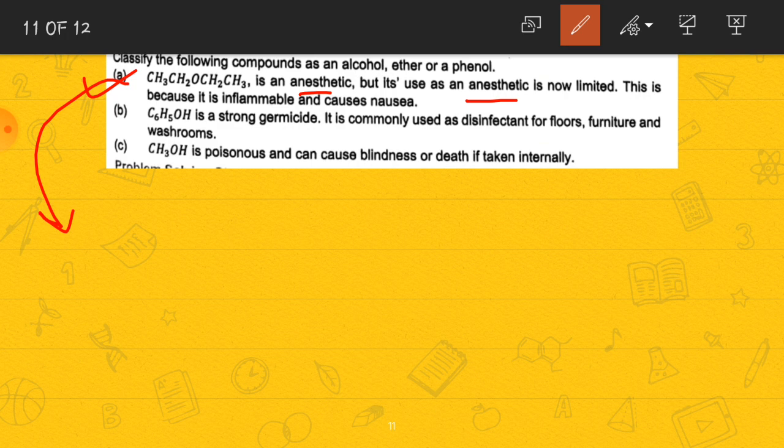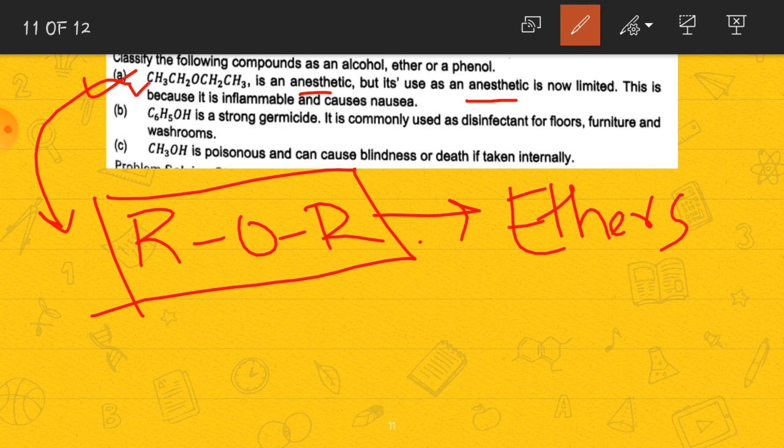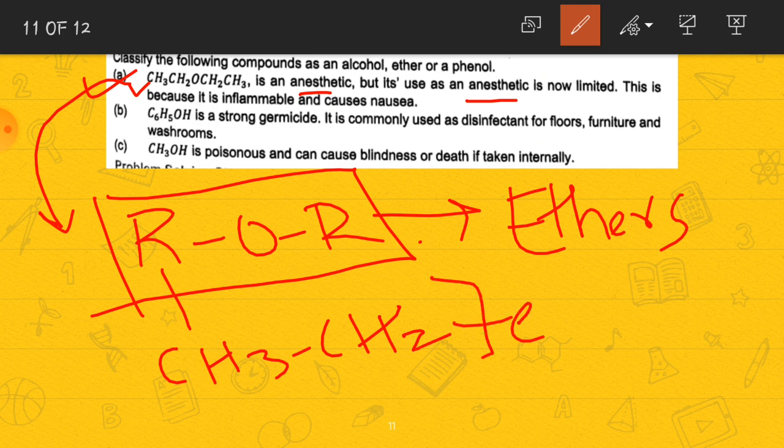Now we have to classify it as an alcohol, phenol, or ether. If we look at the condensed structural formula for this compound, you will see that there is the presence of an oxygen atom between two alkyl groups. Now we know that all classes of organic compounds having this general formula will be classified as ethers. In this case, the alkyl group is CH3CH2, that is ethyl.